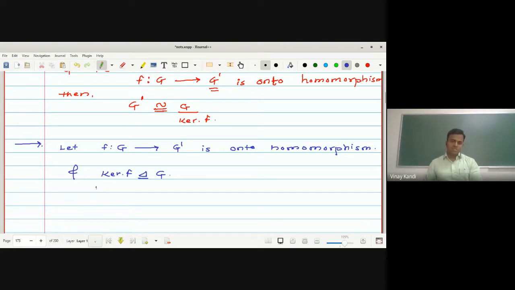What is the definition of kernel of f? Kernel of f is the set containing all the elements belonging to the domain G, so what is the domain of f here?